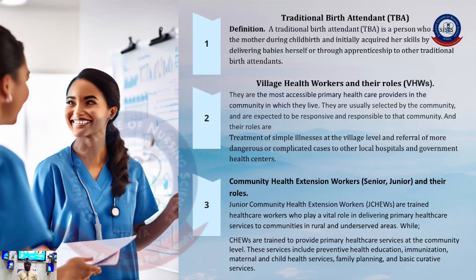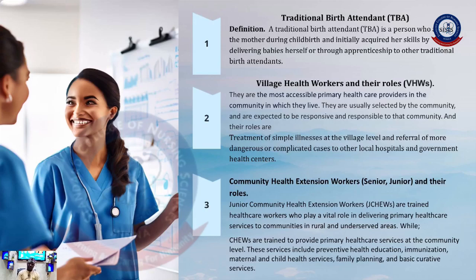The CHEWs are trained to provide primary healthcare services at the community level. Those services include preventive health education, immunization, maternal and child health services, family planning, and basic curative services.